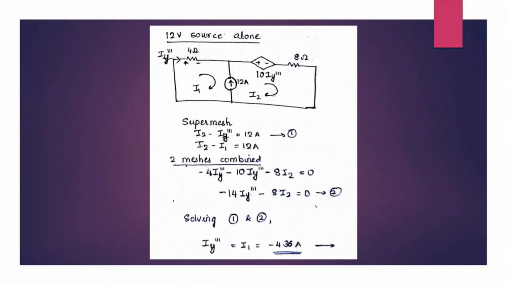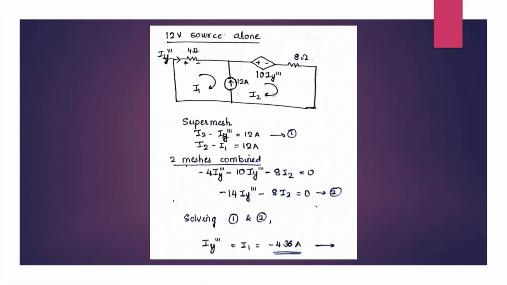So we will get equation number 2. Equation number 1 tells us that I2 is in the same direction as that of the 12 ampere source, whereas I1 is in the opposite direction. So we have to write I2 minus I1. Whichever has the same direction as the current source, we write that first, and the other one second, is equal to 12 ampere.